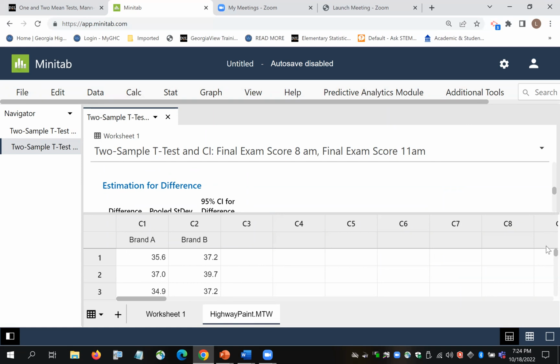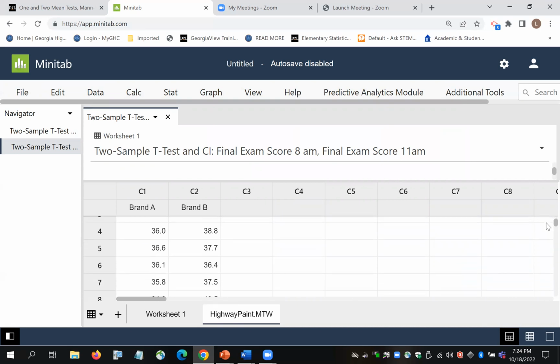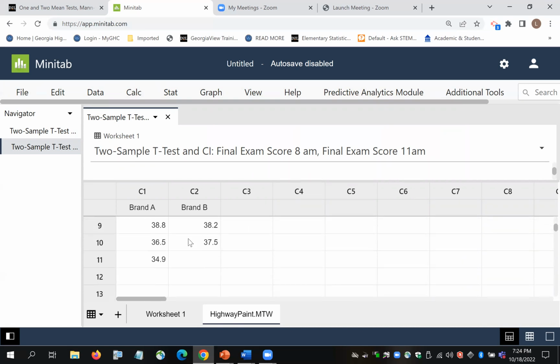And what I have here is the number of months that the paint lasts on the highway that was recorded by the highway official for brand A and brand B. You'll also notice if you scroll down, we have 11 values for brand A and only 10 for brand B. It is okay. You don't have to have the same number of values.